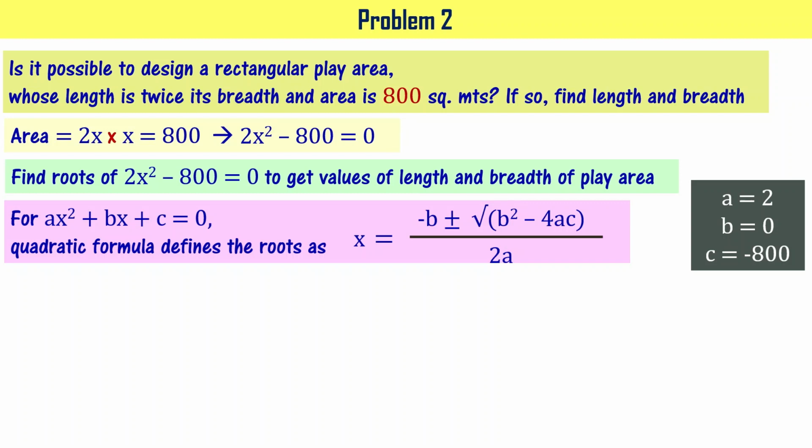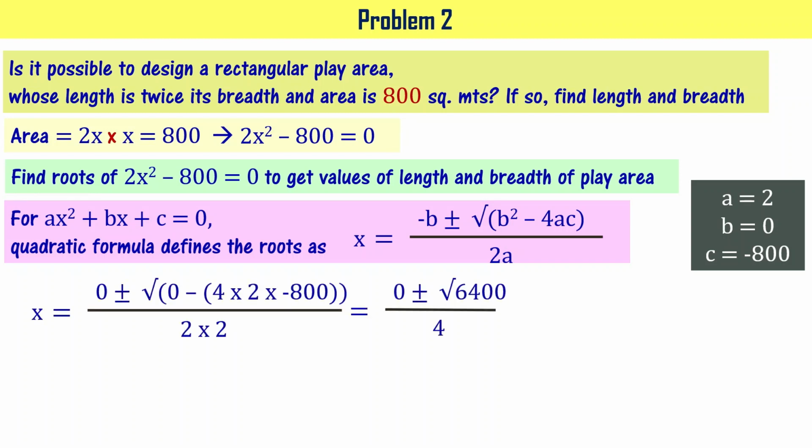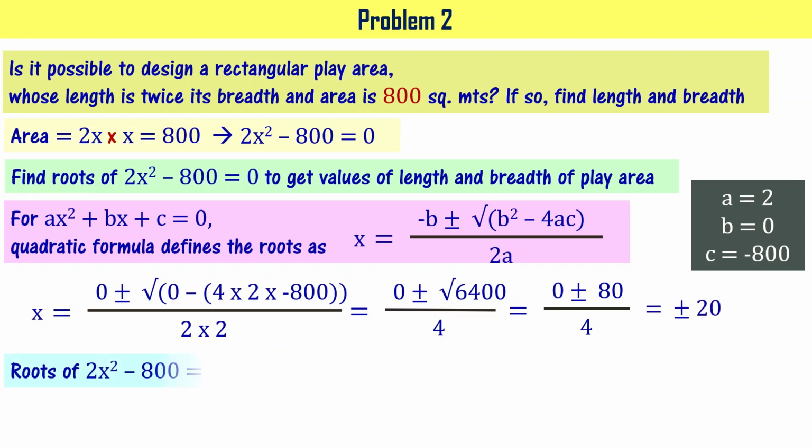Let's substitute them into this equation and simplify it such that you get x equal to plus or minus 80 divided by 4. It means x equal to plus or minus 20, right? So the roots of the given equation 2x square minus 800 equal to 0 are 20 and minus 20, right?